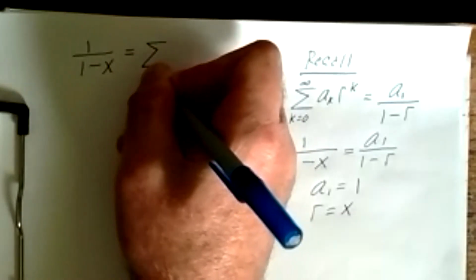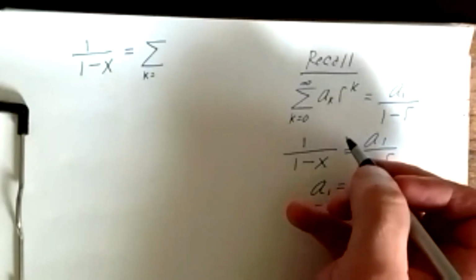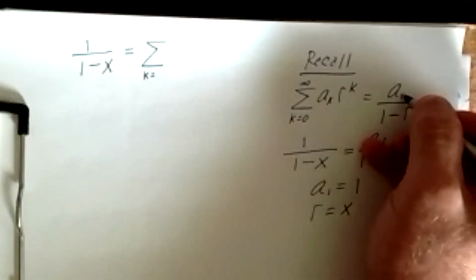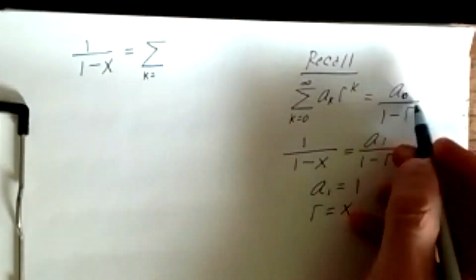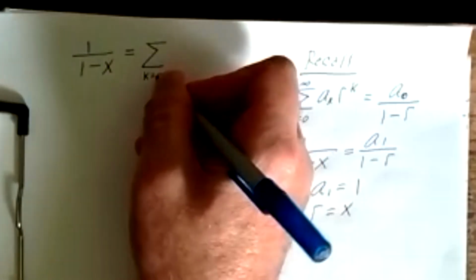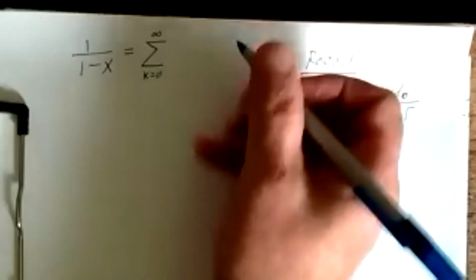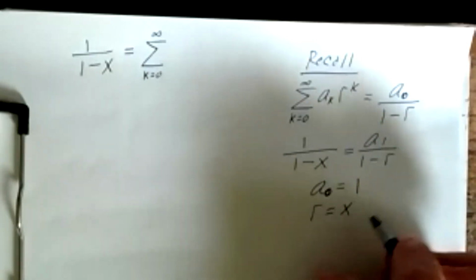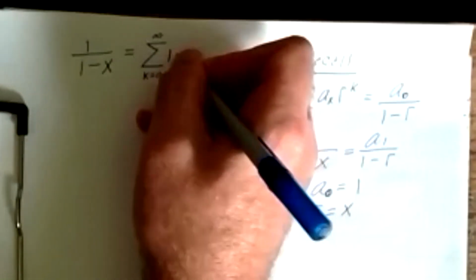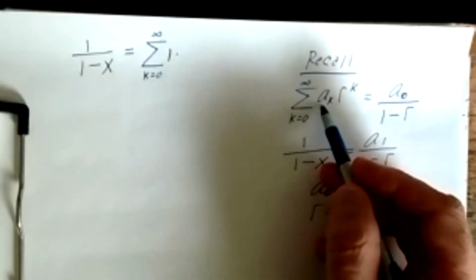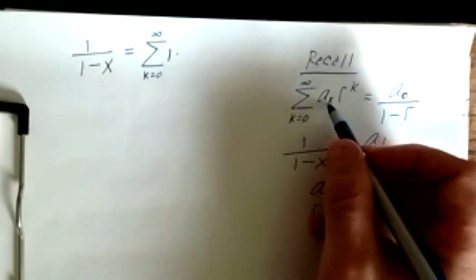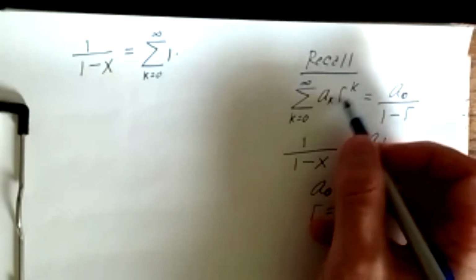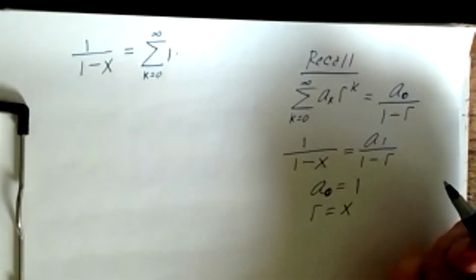k equals 0 to infinity. This is actually our first term here, a sub 0, 0 to infinity. Our first term has to be 1, times your common ratio. 1 is your first term when k is 0, and your common ratio would have to be what?